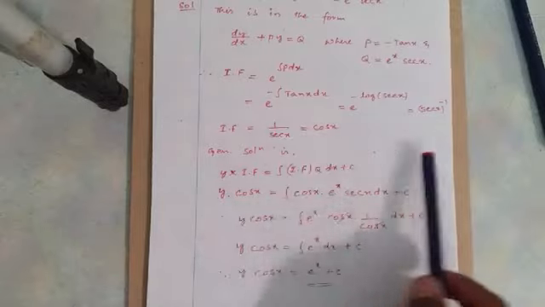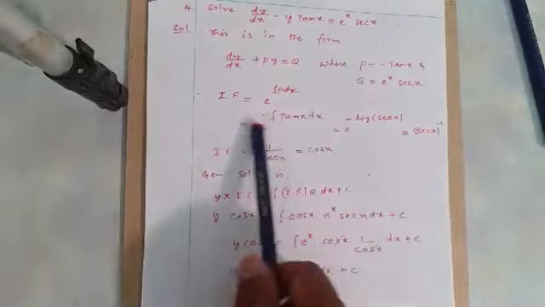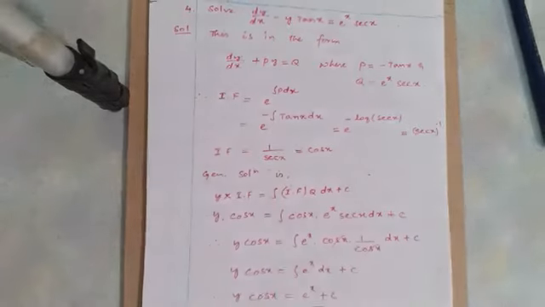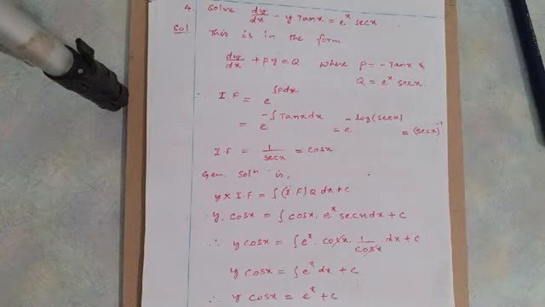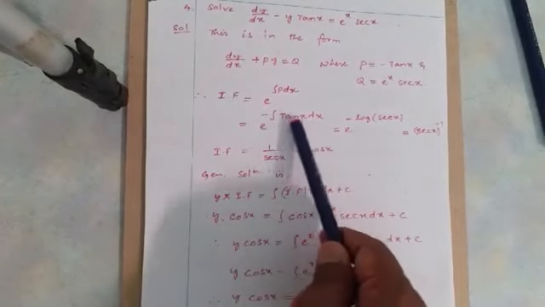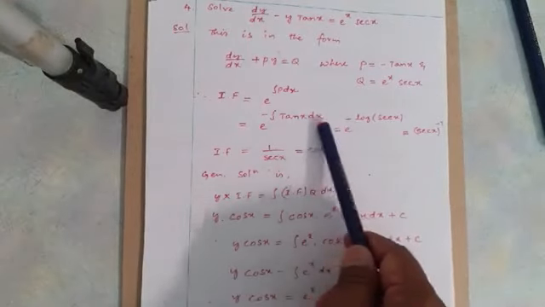So first, here we are seeing the question. The question is in the form of a linear differential equation, which is of the form dy by dx plus py is equal to q, where p is minus tan x and q is e power x secant x. Then we have the integrating factor, e power integral p dx, so in the place of p we write minus tan x. So e power minus integral of tan x dx, and integral of tan x dx is log secant x.